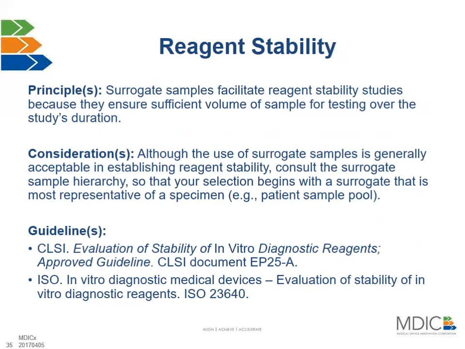So here, for example, one would begin with the category of pooled to select the sample type. And within the category of pooled, there is further stratification. And one would look at this to ensure that the selection of the sample is in line with what is most representative of a clinical specimen.